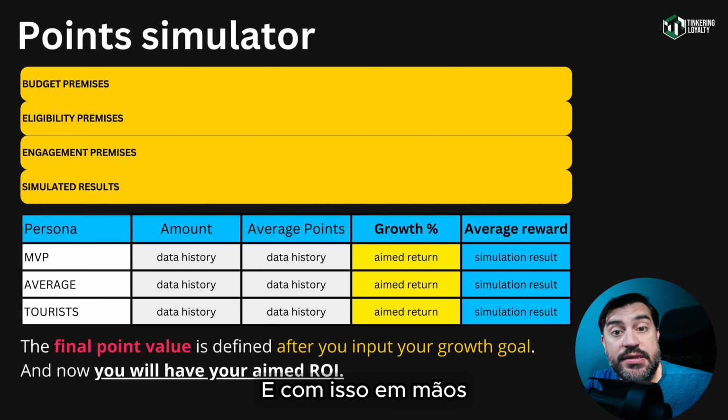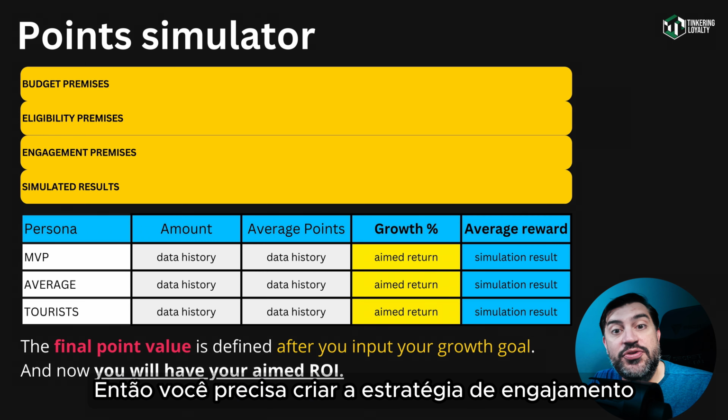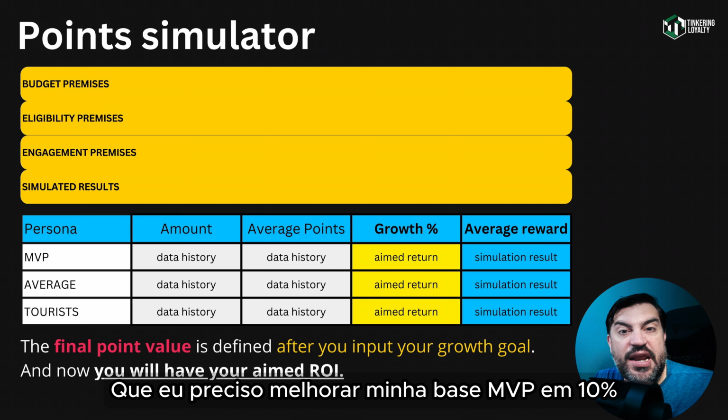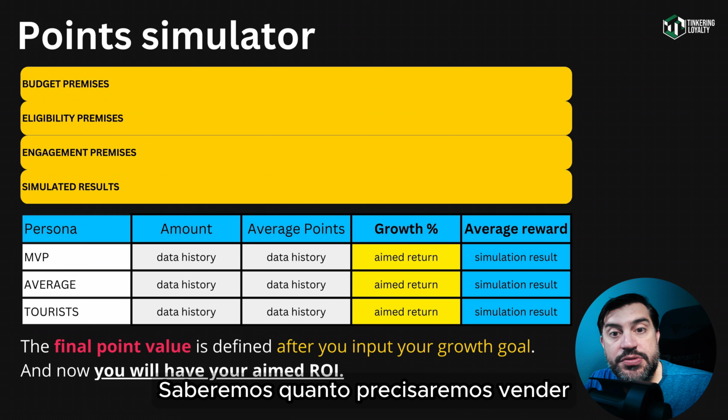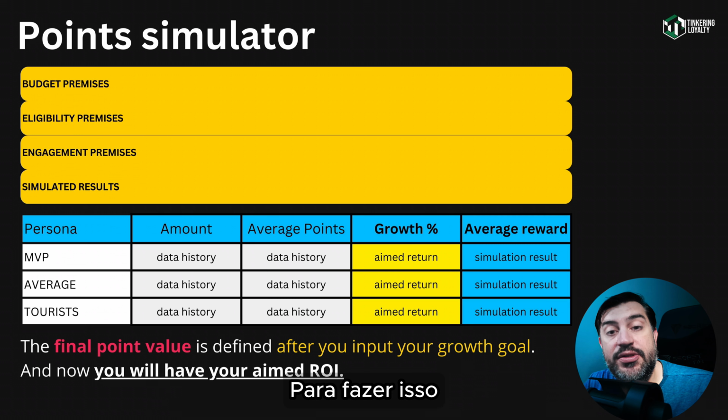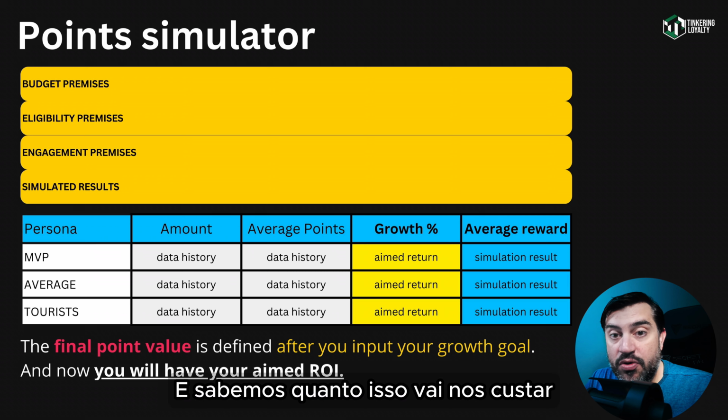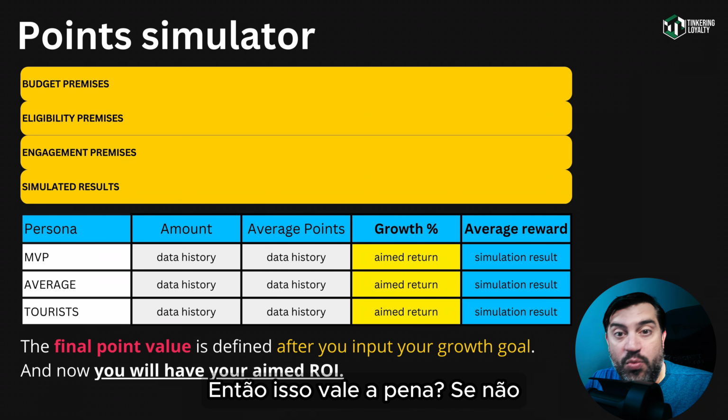And with this in hand, then you need to create the engagement strategy. So now that I know that I need to enhance my MVP base by 10%, for instance, we will know how much we will need to sell in order to do that. And we know how much it will cost us. So is this worth it?